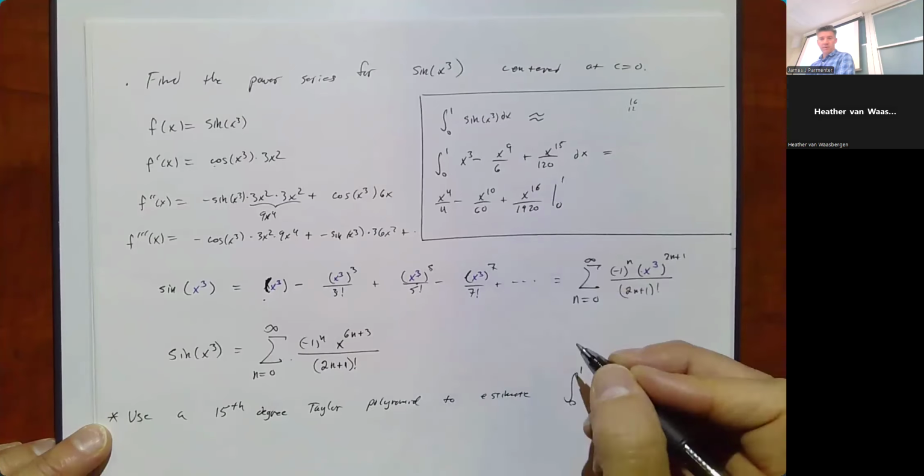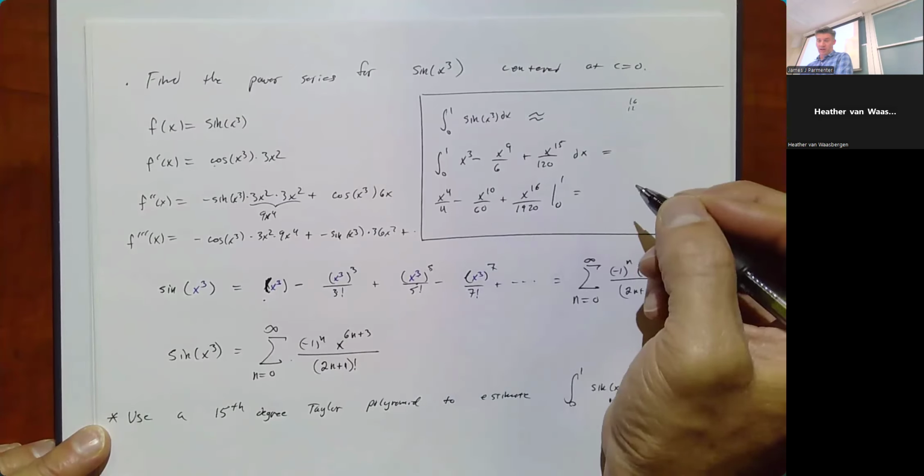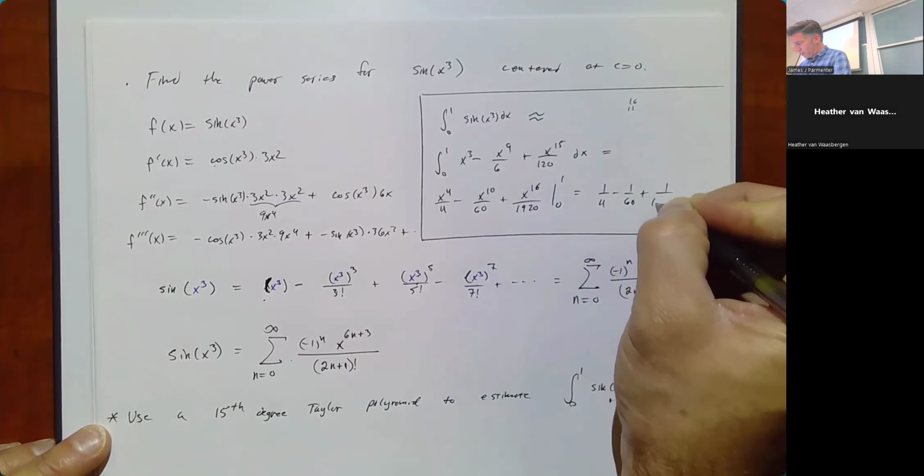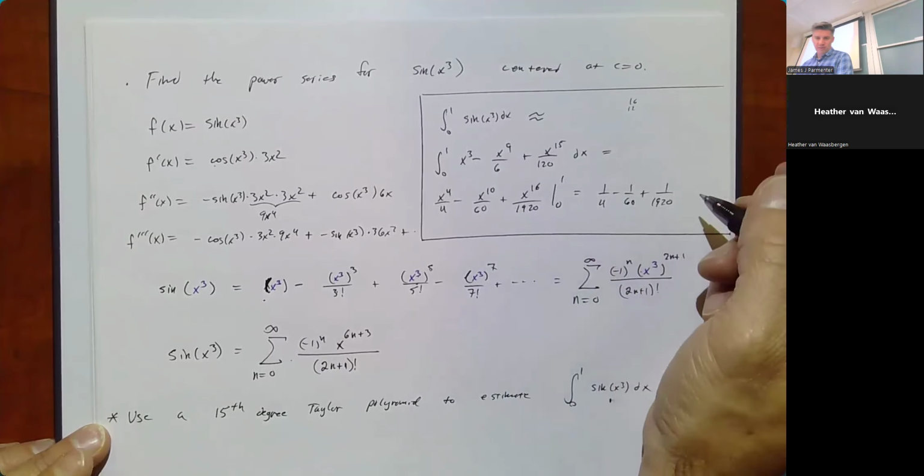From 0 to 1, plugging in 1, you get 1/4 minus 1/60th plus 1 over 1,920, minus 0 plus 0.